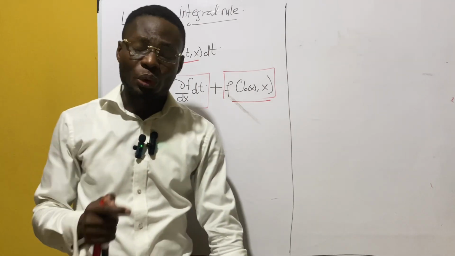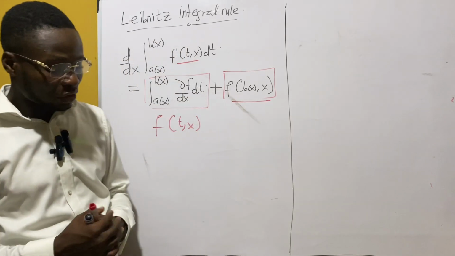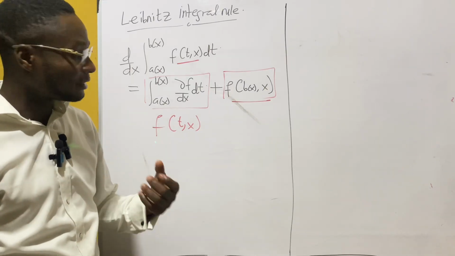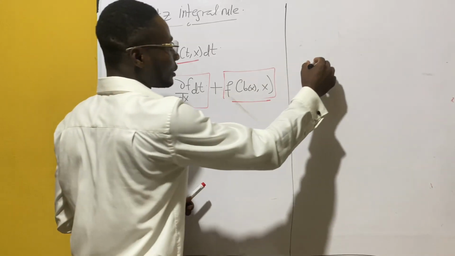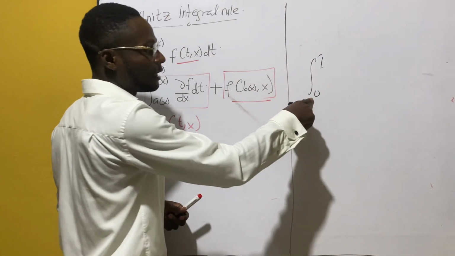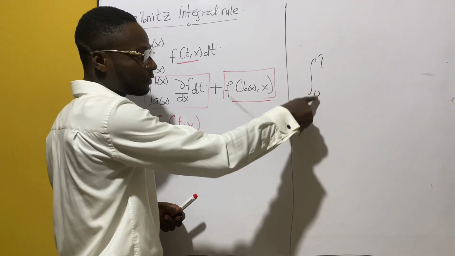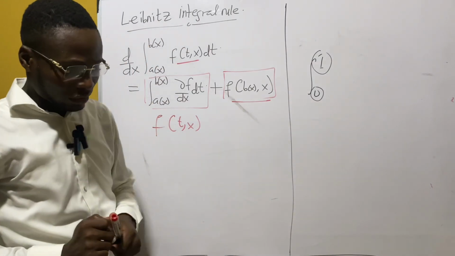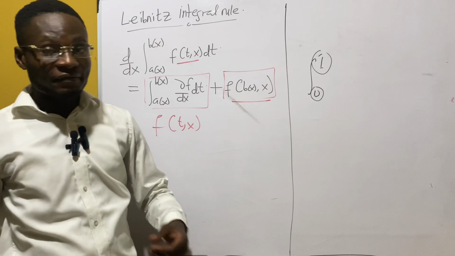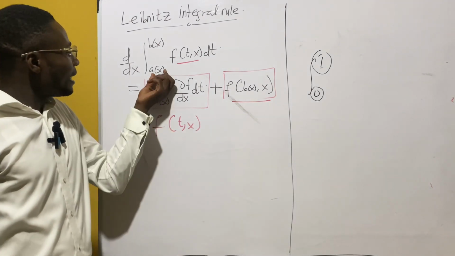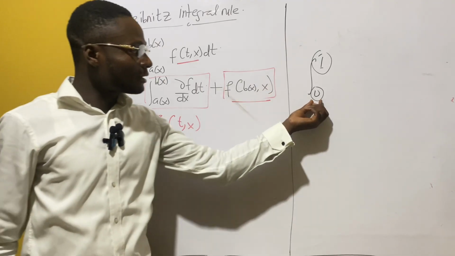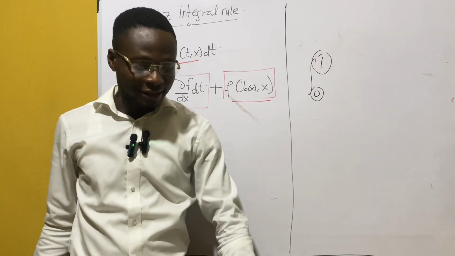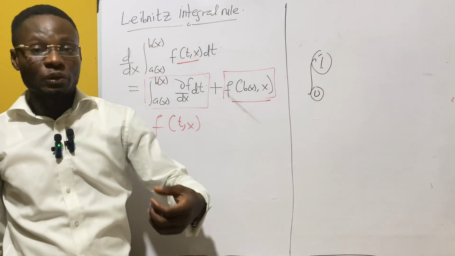Now, we have some special cases: the cases where the limits are constant. This is what I mean when you have an integral from 0 to 1. These limits are constants. If a of x and b of x are constant, as we have here, 0 and 1, then their derivatives are equal to 0.